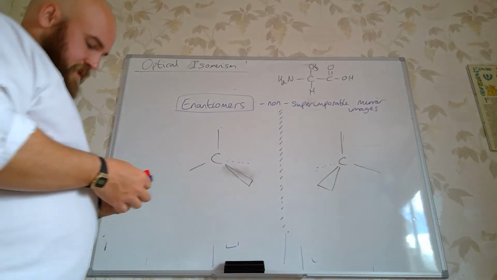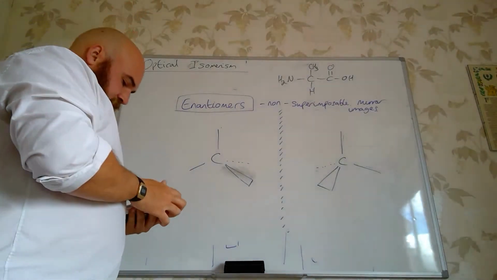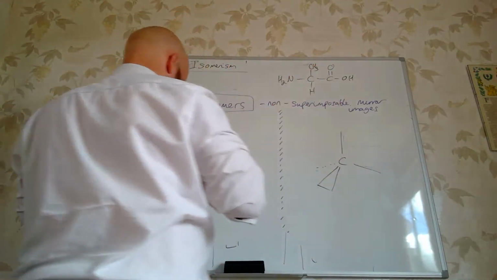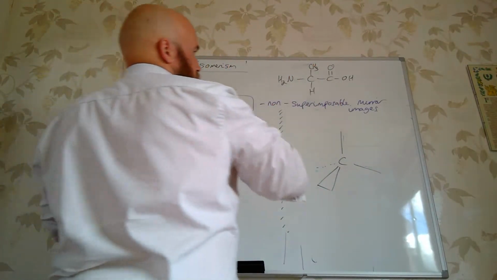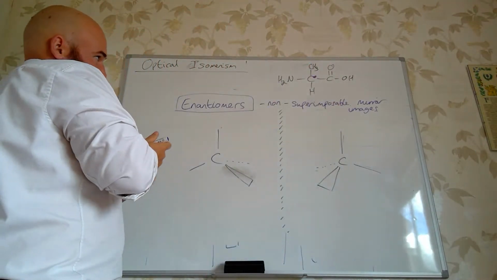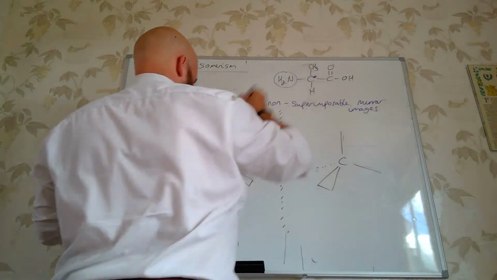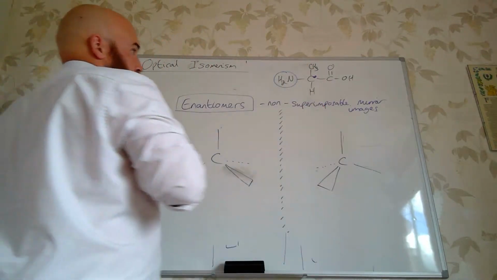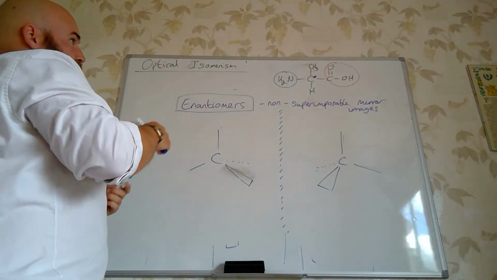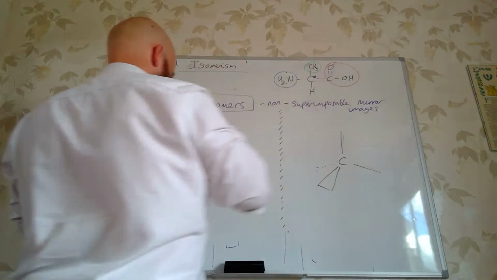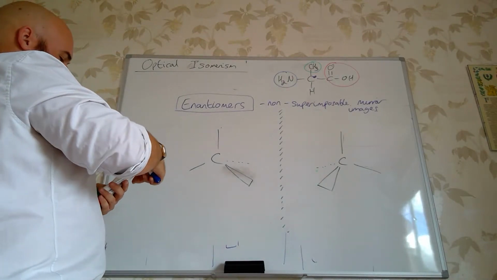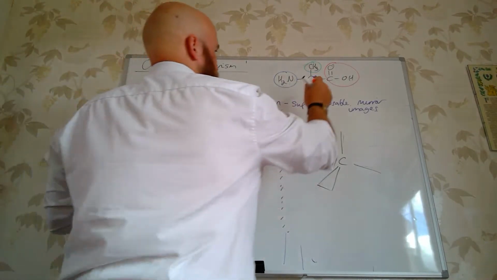Okay, so again, I'll get my colours out. Chiral carbon, just there. And then the different groups attached. So I've got that group, I've got that group, I've got that group, and I've got that group.